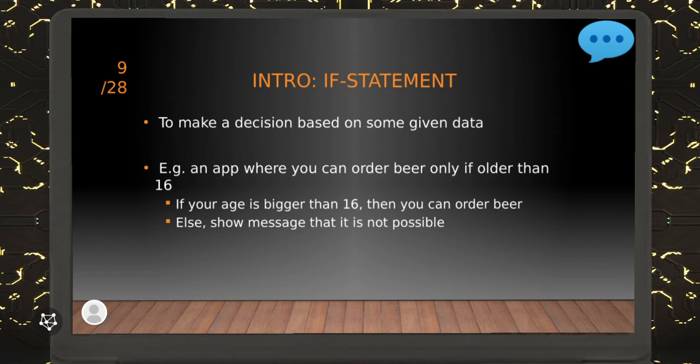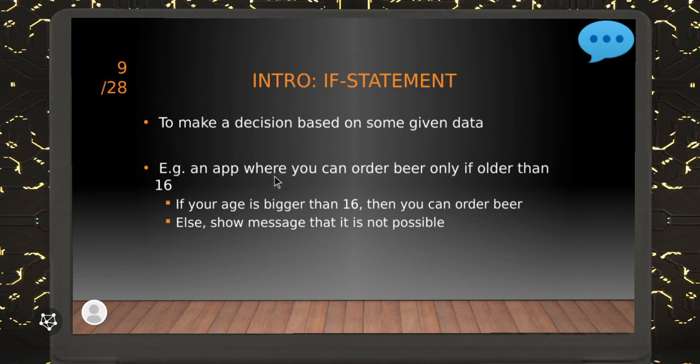An if statement. So what is an if statement? What we have seen so far is that your application is running sequentially from top to bottom, right? So what if you like to make a condition and you want to skip a part of your code when a condition evaluates to false?